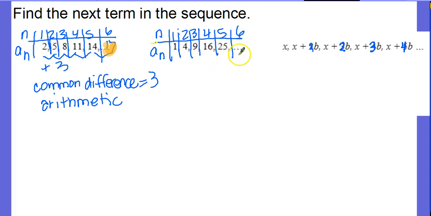What would 6 be? 36. So sometimes without the position at the top, it makes it a little harder to see the pattern. Now, if you were not looking at it in that way, which is okay, you might see that it's going up 3 and up 5 and up 7 and up 9. So you could use up 11 to help you find that.